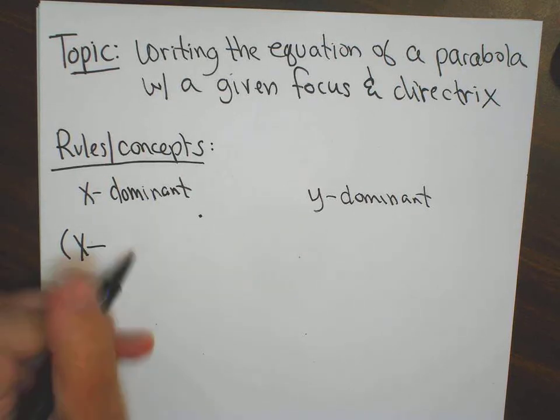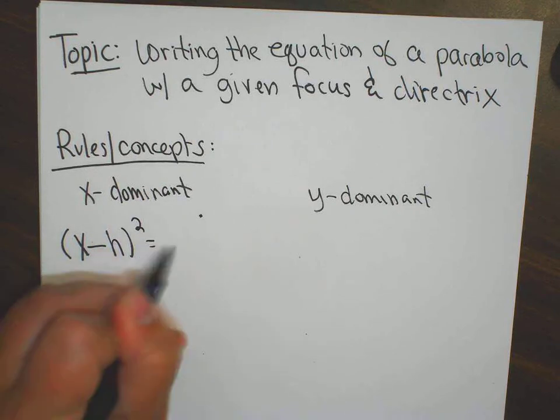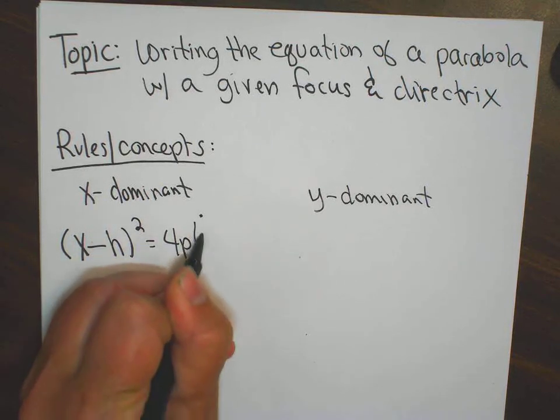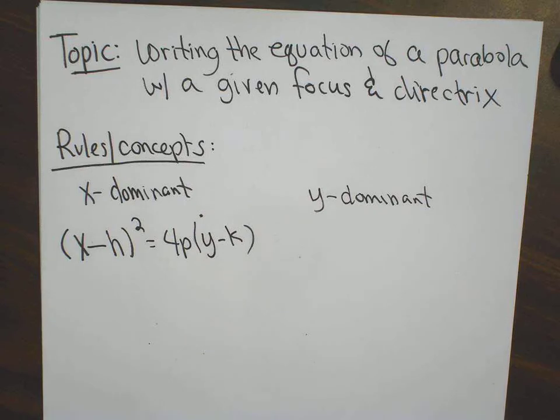X minus h squared equals 4p y minus k. Good. And we're saying it's X dominant because the X variable will have the highest power. The analogy is the person with the most power is kind of in charge, right?